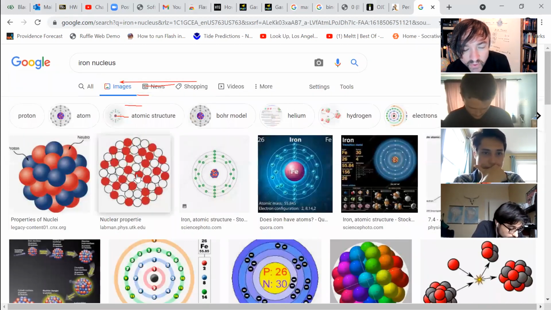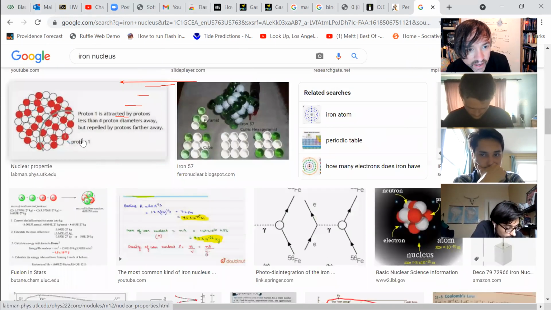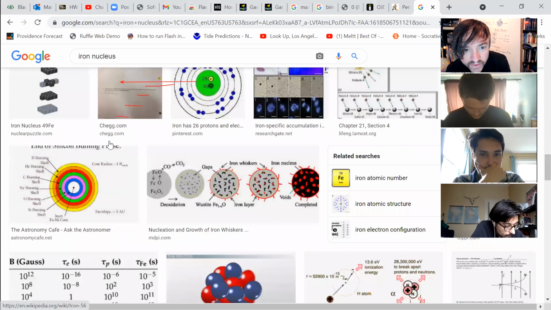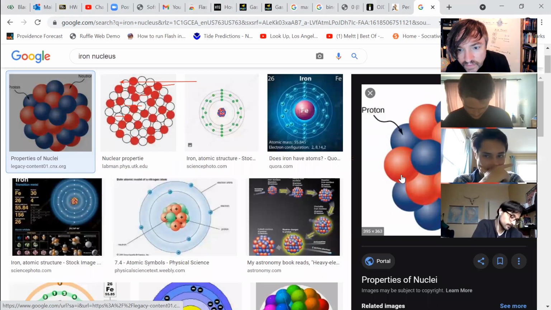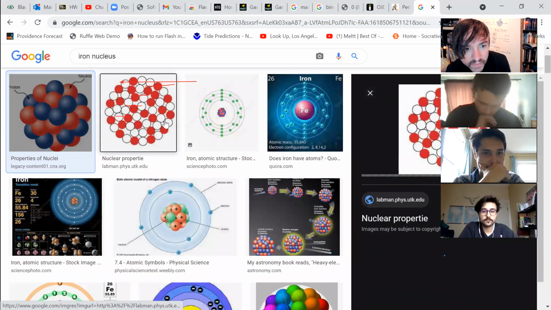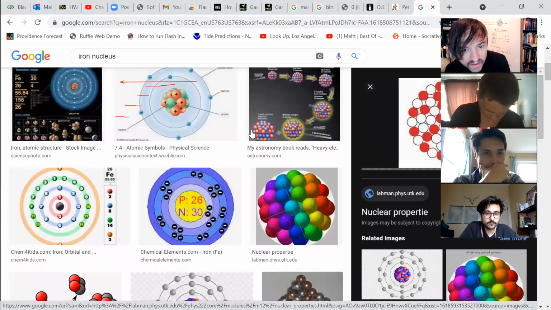Notice you're having to pack more neutrons in. I was hoping somewhere I could just get a well-drawn picture of an iron nucleus. I have one in one of my slideshows, but okay. Well, I guess this is maybe as good as it gets. And that's not very good.